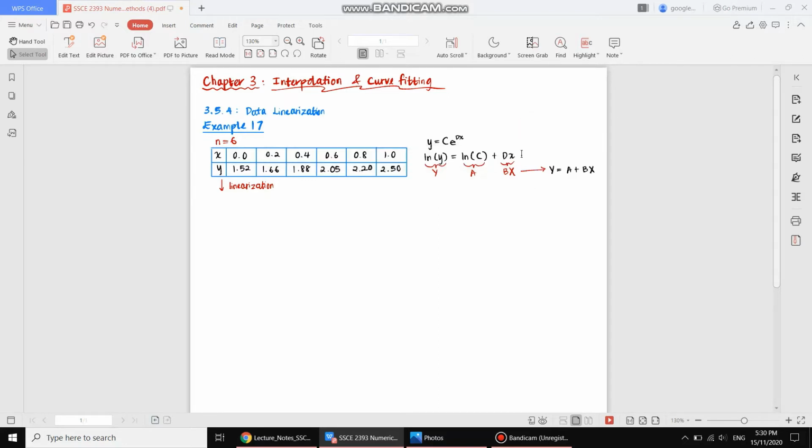In this equation, we can see that big Y equals ln y, a equals ln c, and b equals d. So by linearization, we plot a table to solve the question.